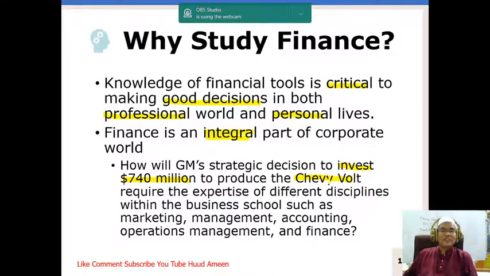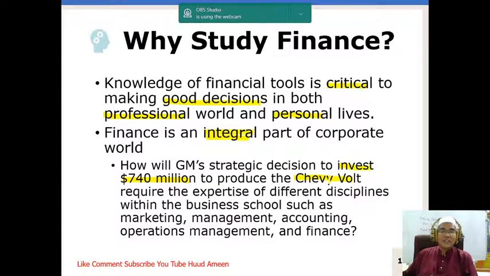To run the business, to run the factory, you need different departments. For example, marketing: the function of marketing is to market the product. Management: we need to pay top salaries for the management. Accounting staff.